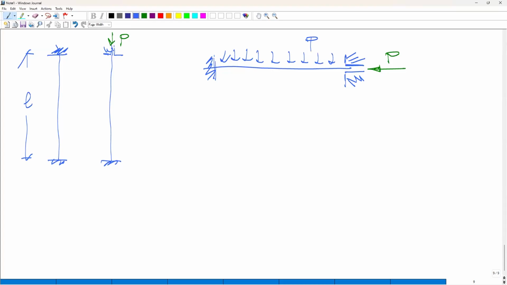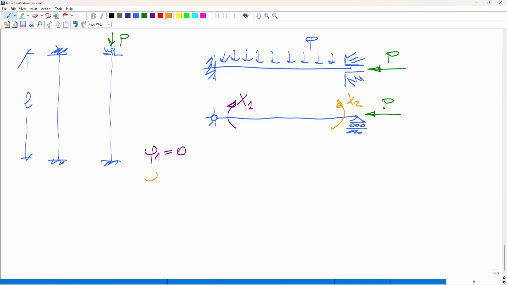This is a twice statically indeterminate structure. So if I want to solve it, what I have to do is transform this like this, and put X1 here and X2 here. Then I have to require that both phi1 and phi2 are equal to 0.